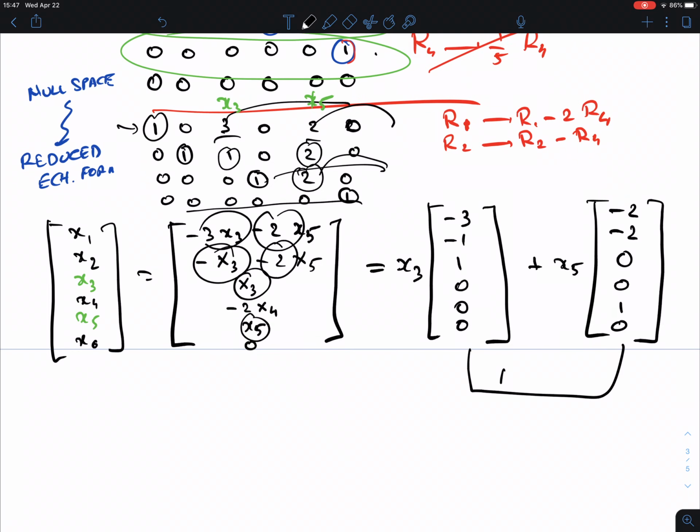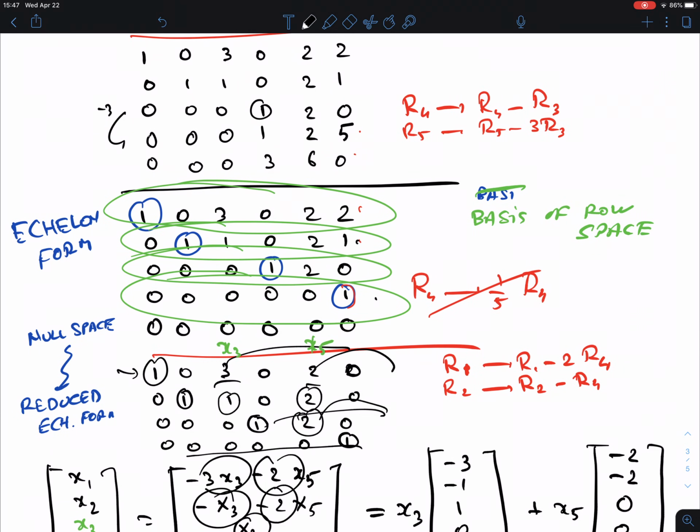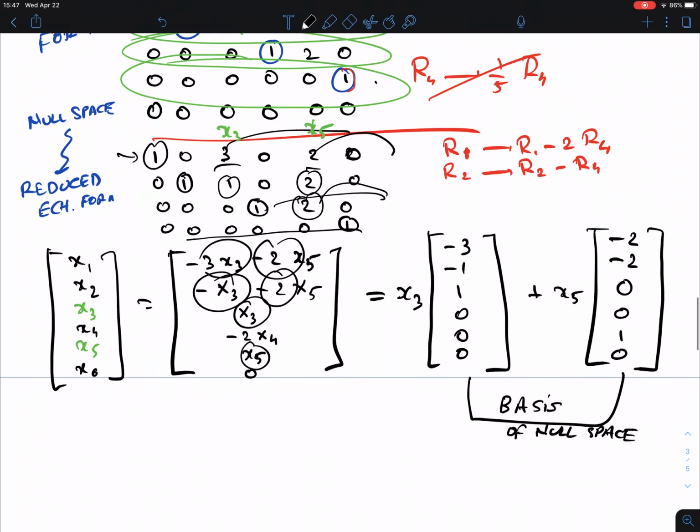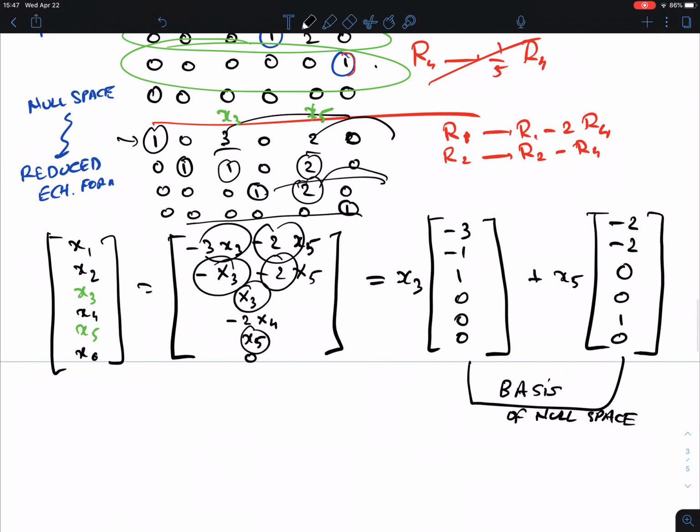And so this is now a basis of the null space. Okay, and again, about this dimension thing, there were 6 variables, 4 were pivot variables, that was the dimension of the column space, and there are 2 free variables, that was the dimension of the null space. Okay, that's the review for the test.